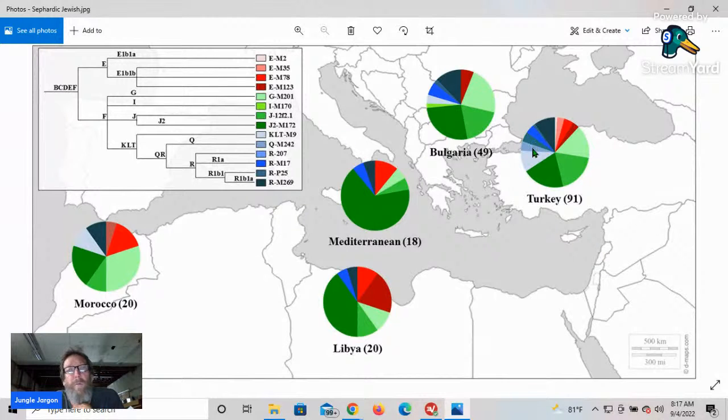It includes maybe the Q, which is the Medes, the Madai, and various lineages of Mitzrayim. And no T anywhere registering in any of these populations.